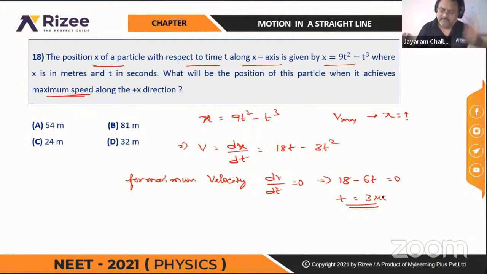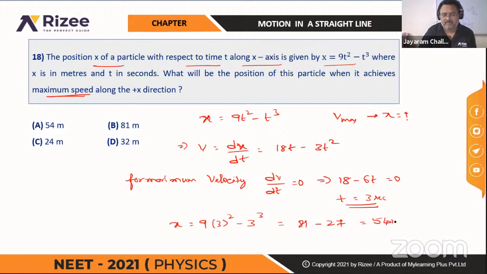So when t is equal to 3 seconds, we need to find out the x value. So x is equal to 9 into 3 square minus 3 to the power of 3. So that will be 9 into 9, 81 minus 27. That will be equal to 54 meters. So this is our condition.